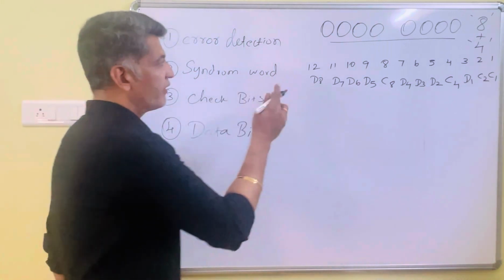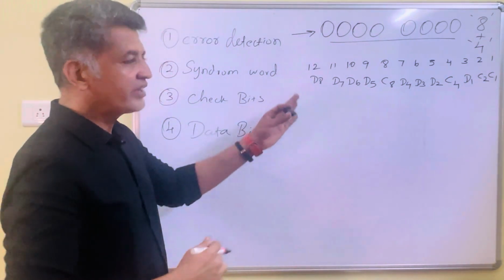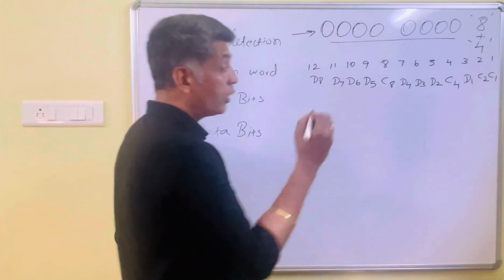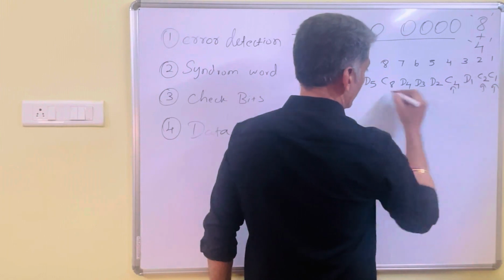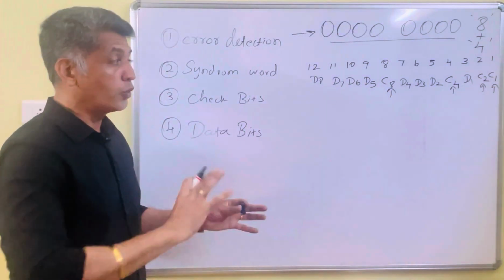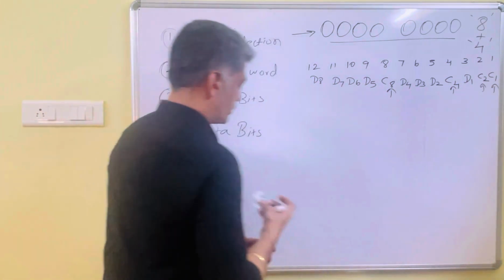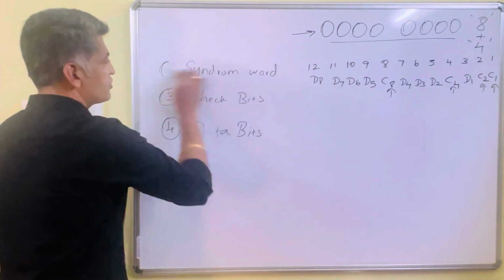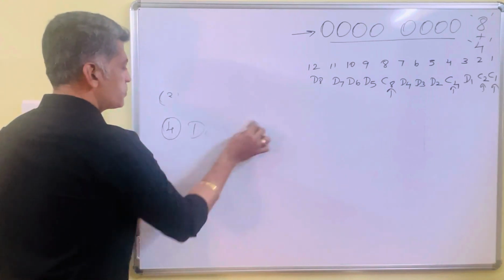Now, if I am storing these particular data bits into the memory, how can I calculate the check bits? In the previous video I mentioned how to identify and calculate the check bit positions, so please check the previous video. Here we are going to see this particular example: how can I calculate the check bits for this particular data?